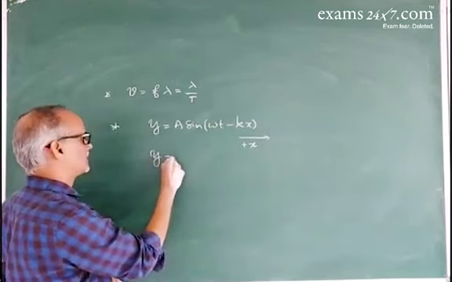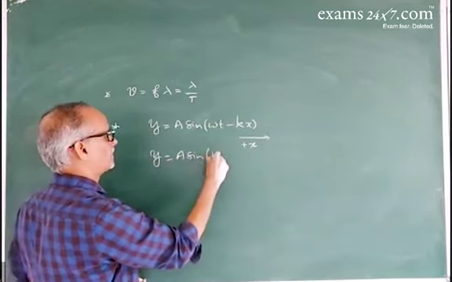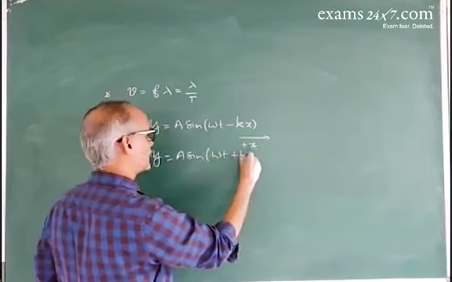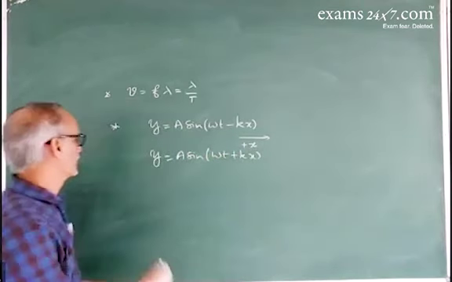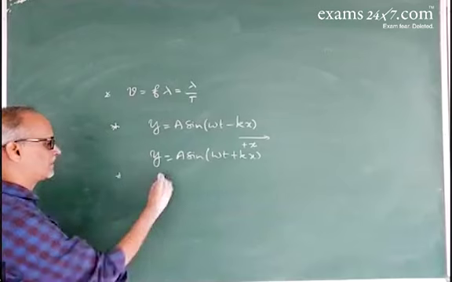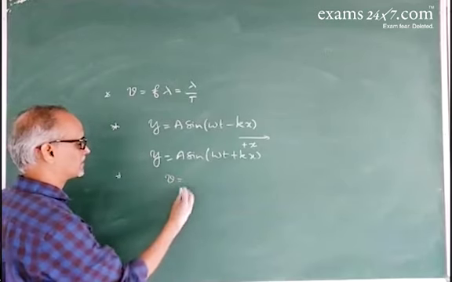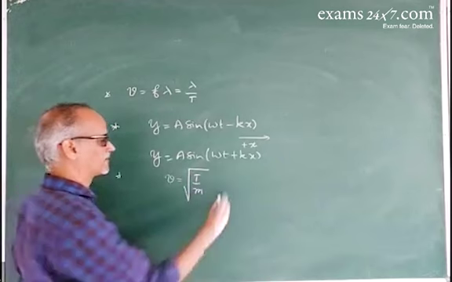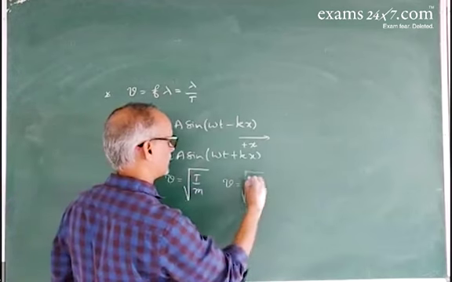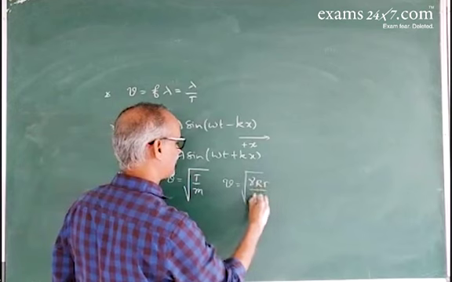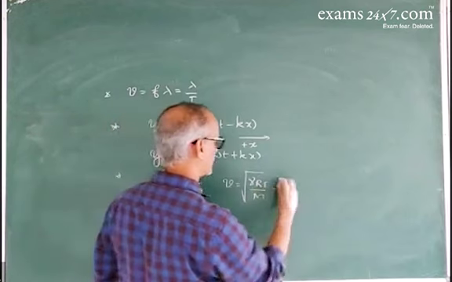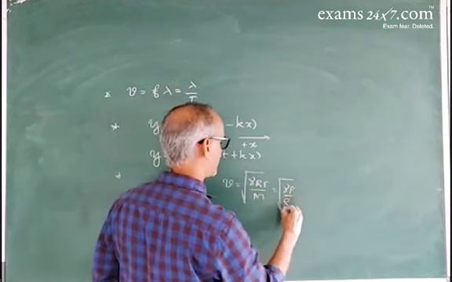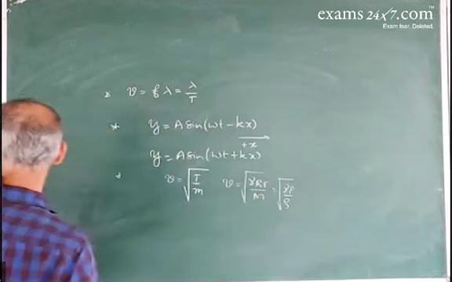If it travels along the negative x-axis, then y is equal to a sine omega t plus kx. Equation for wave velocity along a string, v is equal to root of T by m. And in case of gases, v is equal to root of gamma RT by M, or that's also equal to root of gamma P by rho.